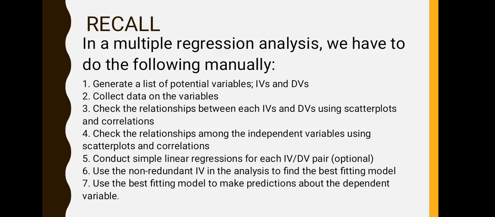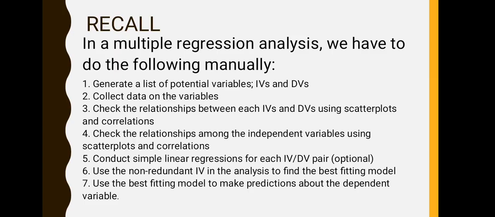So we can recall that in a multiple regression analysis, we have to do the following manually. First is to generate a list of potential variables until step 7, wherein we should use the best fitting model to make predictions about the dependent variable.